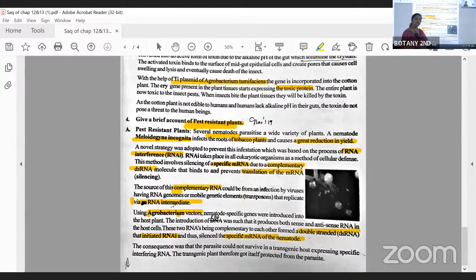Example, the nematodes which cause much damage to the tobacco plant. Here the nematode is Meloidogyne incognita, which causes infection to the tobacco plant, reduces the yield, and leads to the death of the plant body. To control this, we are taking the help of the RNAi gene.